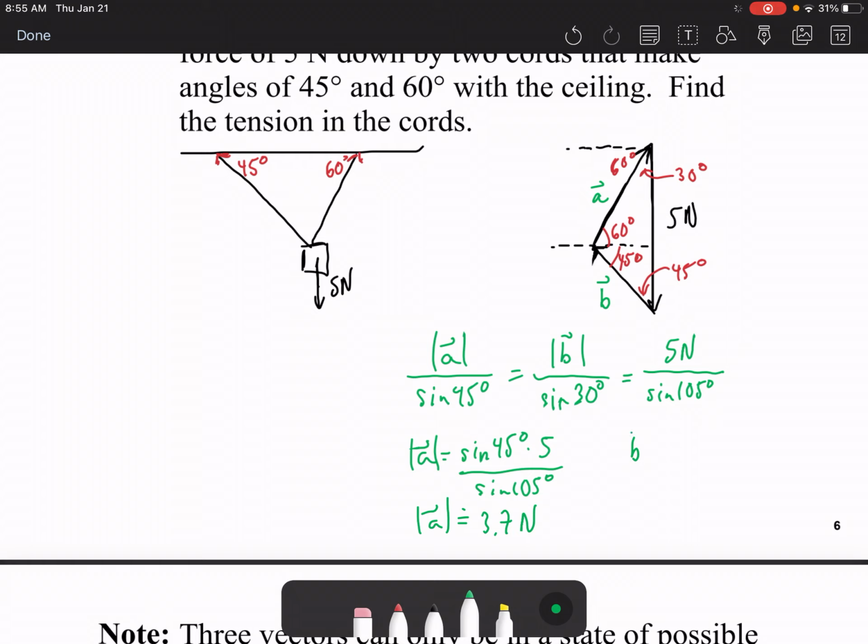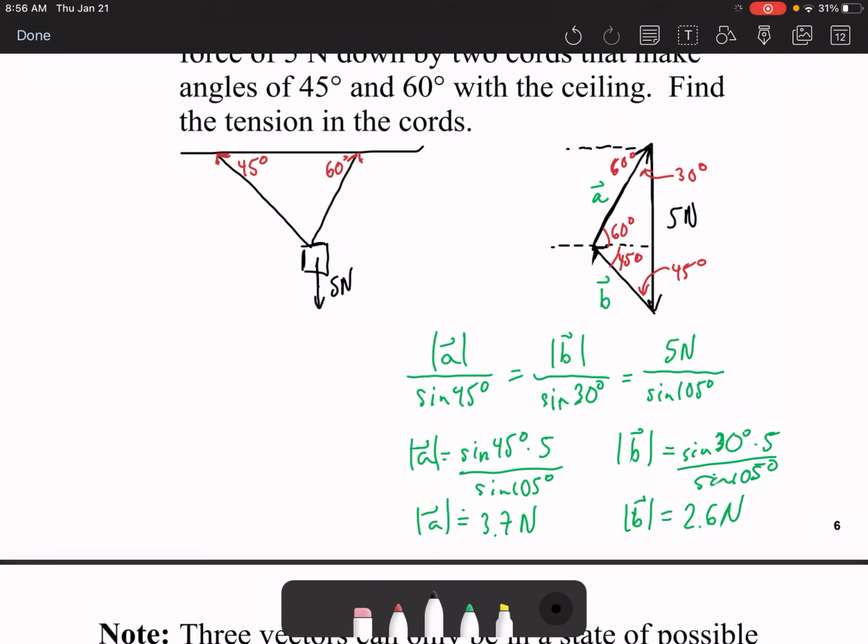And likewise to find vector B, this is just sine 30 degrees times the 5 newtons over the sine 105, which turns out to be 2.6 newtons. Just because the lengths show something different doesn't mean which one's stronger or more intense.